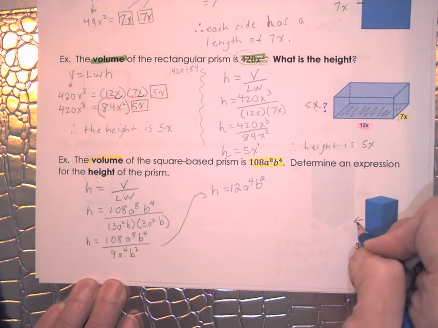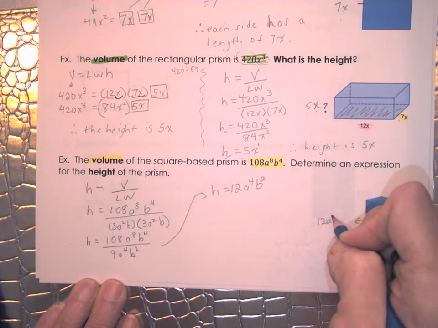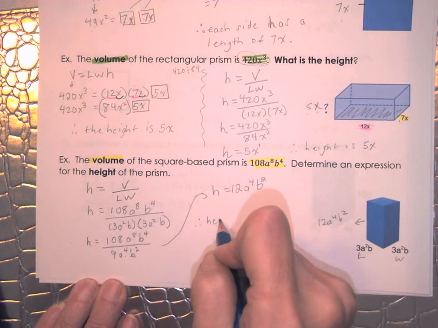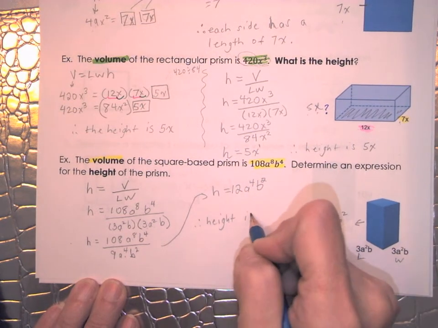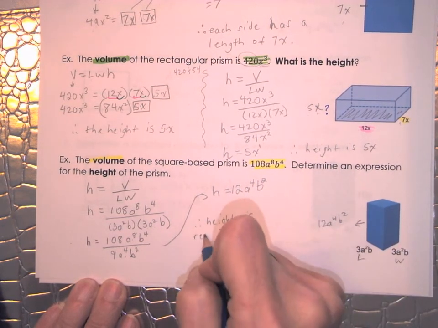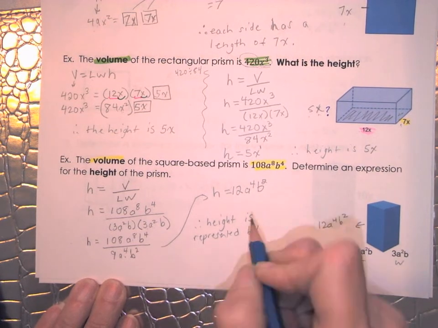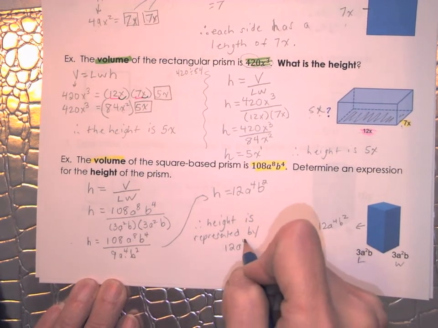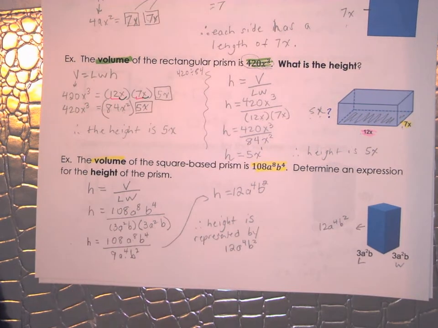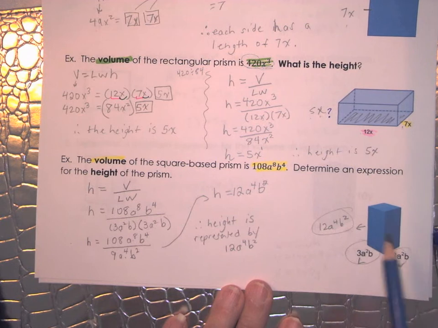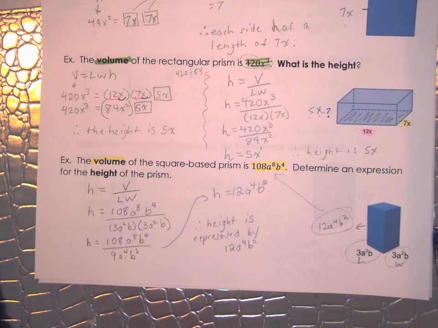So that means our height would be 12a to the 4th b squared. And you can say therefore height is represented by 12a to the 4th b squared. And again, you could check your answer by multiplying. This times this times this needs to give you 108 a to the 8th b to the 4th.